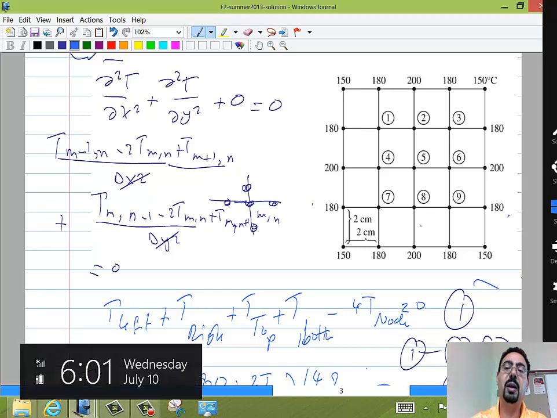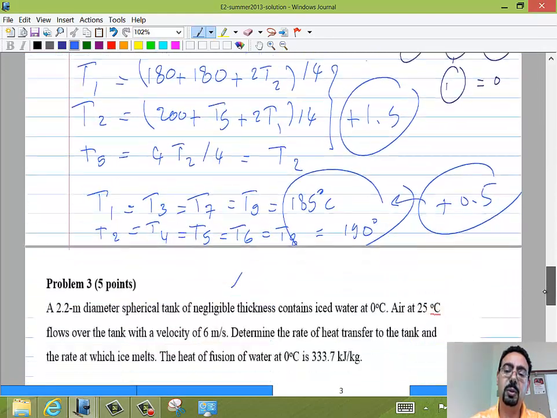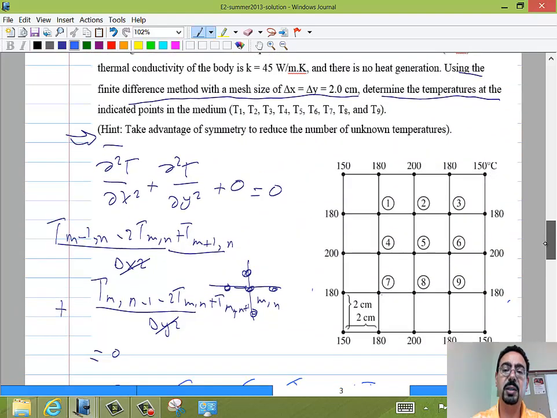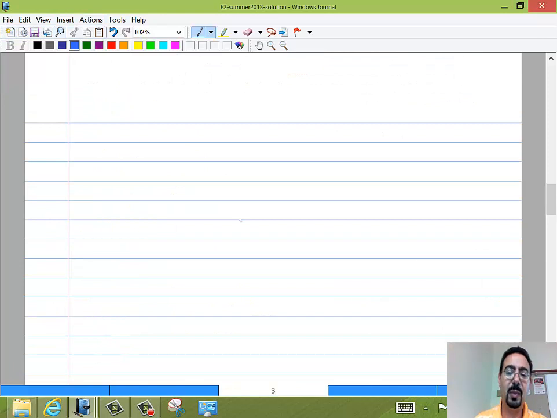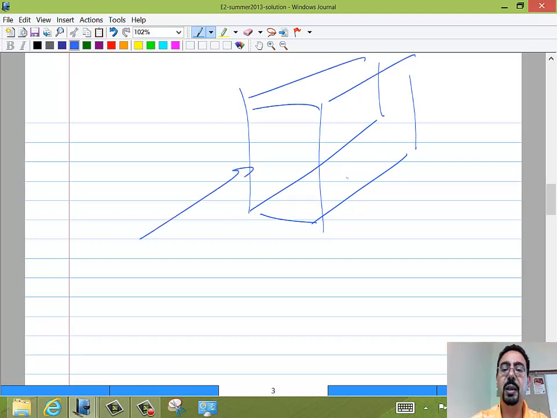Actually, if you look at the testing they do in wind tunnels, you shouldn't be surprised that in the wind tunnel, so this is the floor of the wind tunnel, and the air is coming like this, what you should see, that shouldn't surprise you now after solving this problem, is half the airplane.